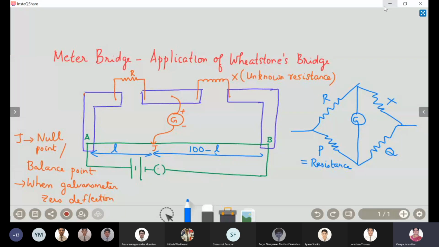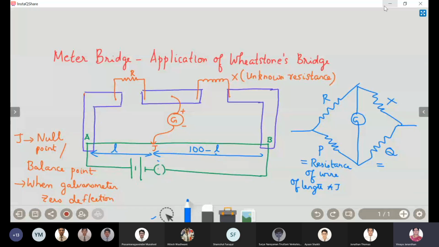So P becomes equal to the resistance of the wire of length AJ. Then the other part of the wire from B to J, having a length of 100 minus L, also offers some resistance, and that resistance is equivalent to Q. Right, boys? Now, what is Q?